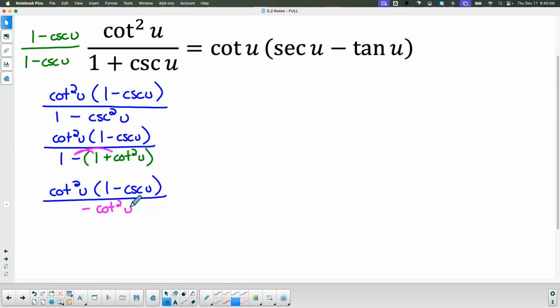Wouldn't you distribute the negative first and then multiply by the 1? No, I'm not multiplying by a 1. I distributed the negative, and I got 1 minus 1 minus cotangent squared, which is just negative cotangent squared. Okay, that makes sense. Now what can I do with it?